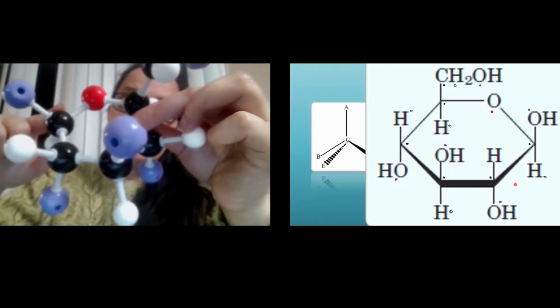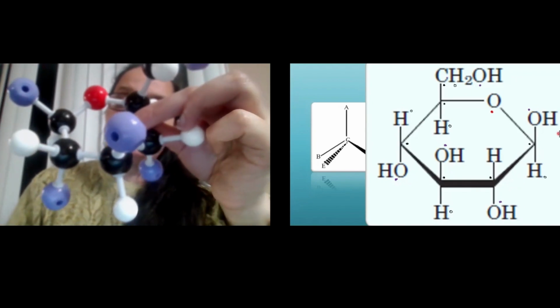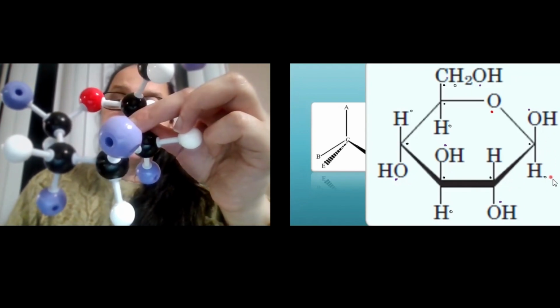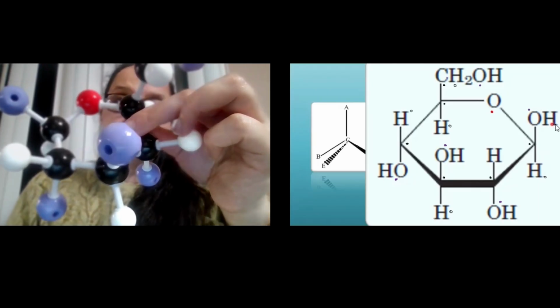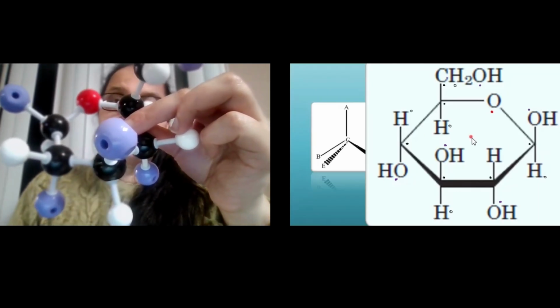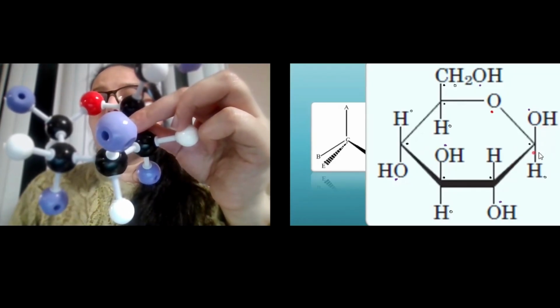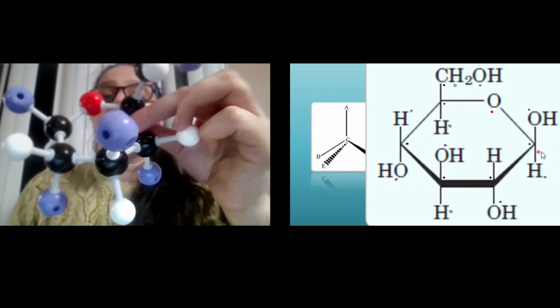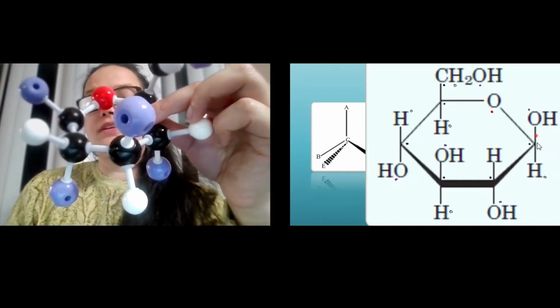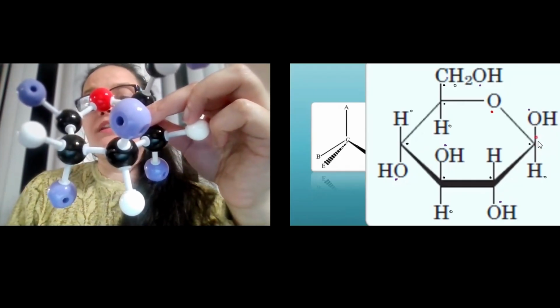This is carbon number 1, and the position of H and OH on this carbon decides which stereoisomer of this cyclic structure has been formed. Over here, the angle between the H and OH which is drawn is 180 degrees, so there is a straight angle between the two.